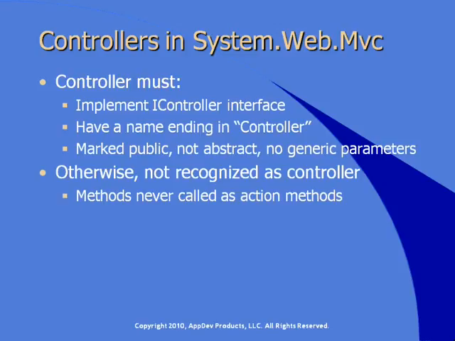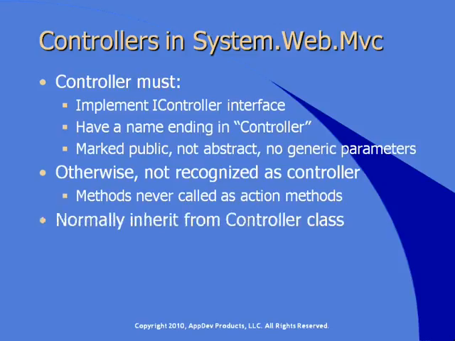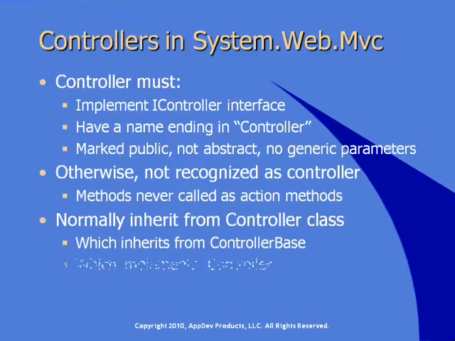If the class doesn't meet these requirements, MVC can't recognize it as a controller and will never call any of its action methods. But normally, you're going to create controllers that inherit from the Controller class, which itself inherits from the ControllerBase class. It's the ControllerBase that implements IController, and both controller classes add the significant features that make writing MVC applications as easy as it really is.